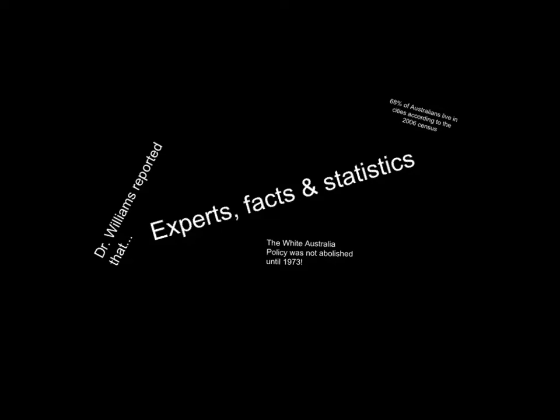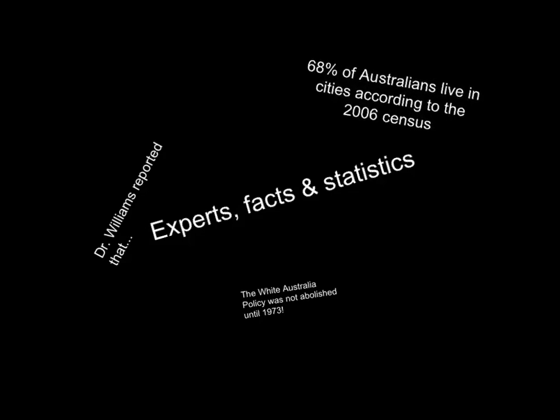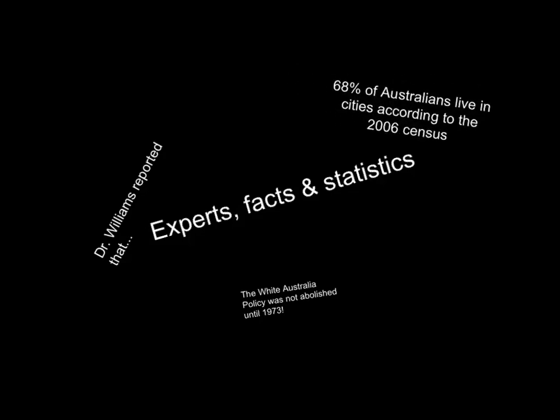So if you're going to be using facts, you can look back at Australian history and look at what it is about the way that we live, or our history, that belies the fact that this film is or is not relevant to contemporary Australians.